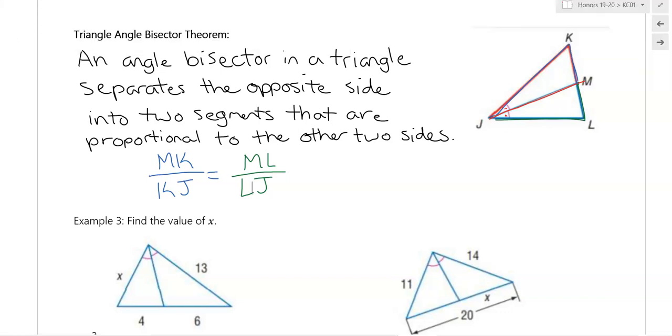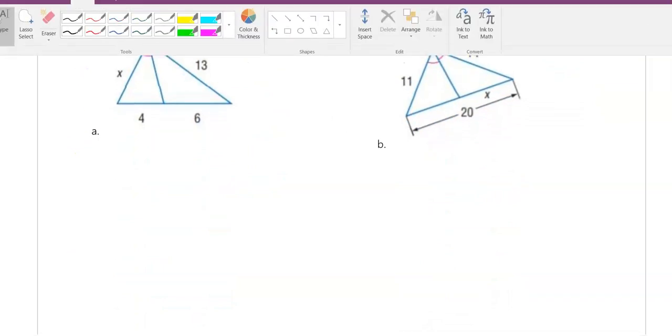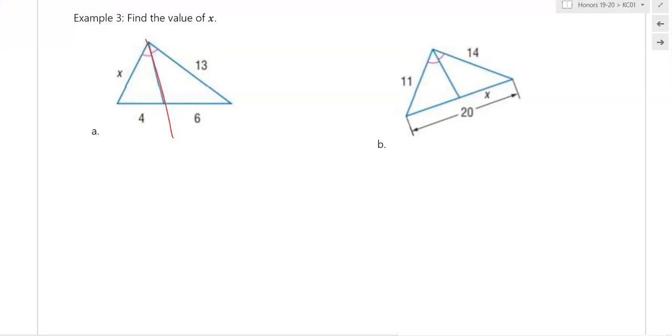So example 3. Find the value of x. Well, here's my angle bisector. So I'm going to start here where it bisects it and go over and over. So that's 4 over x. Start here and go over and over. 6 over 13.